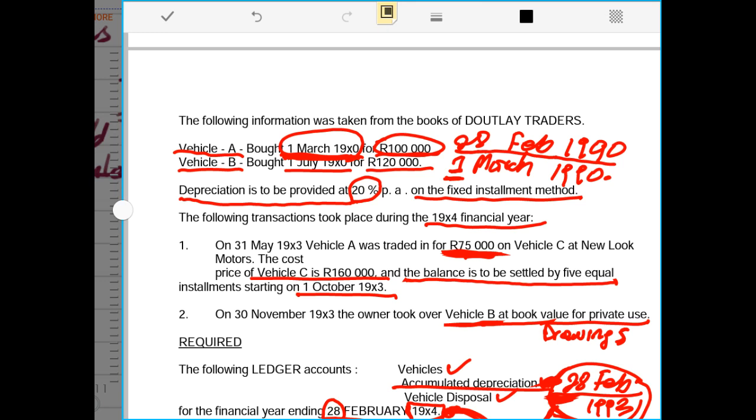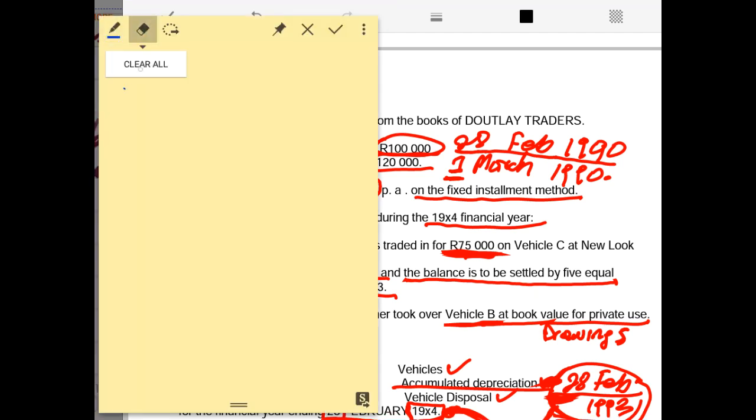So now let me do the calculations. That means my depreciation calculation will start for motor vehicle A. Depreciation for vehicle A, and I have just explained that motor vehicle A was bought in the 1991 accounting period that started 1st of March 1990.